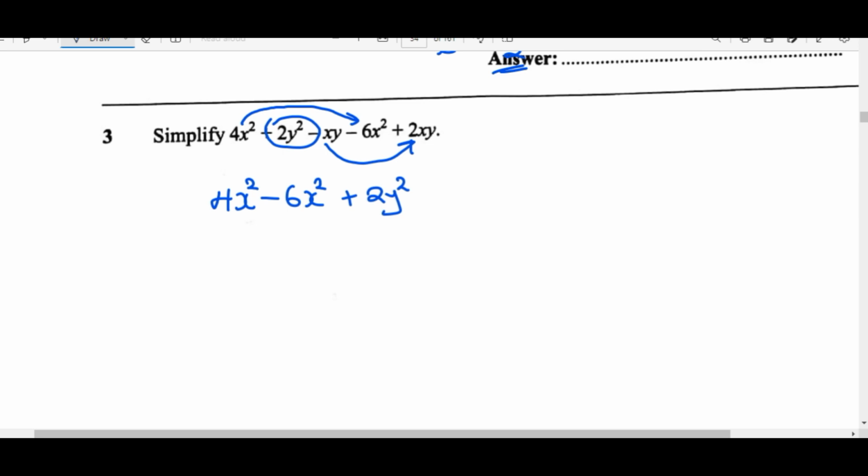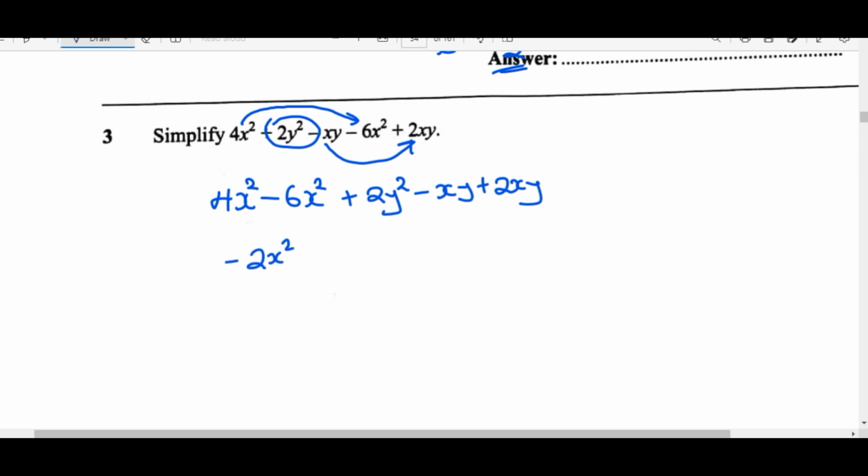Negative xy plus 2xy. So you've collected the like terms, so we can solve now, meaning 4x squared minus 6x squared. Here the answer would be negative because we're going to subtract here.